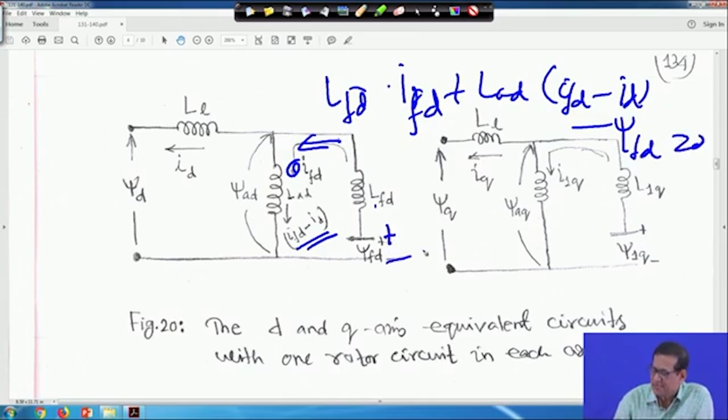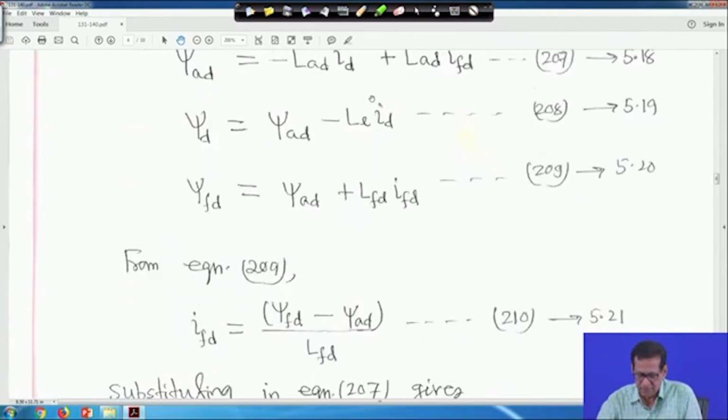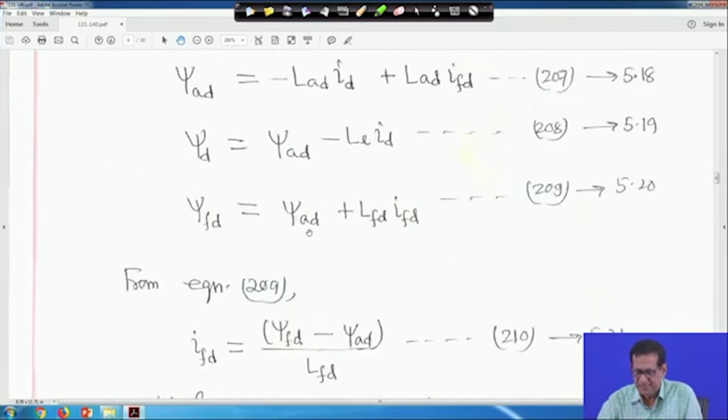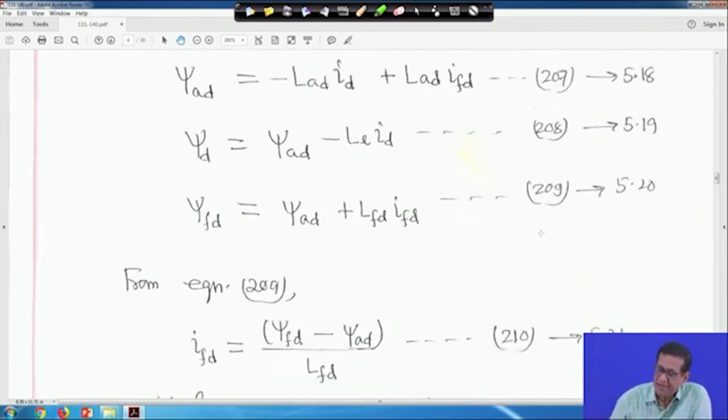You simplify, and you will get psi FD is equal to psi AD plus LFD IFD. This is equation 209.